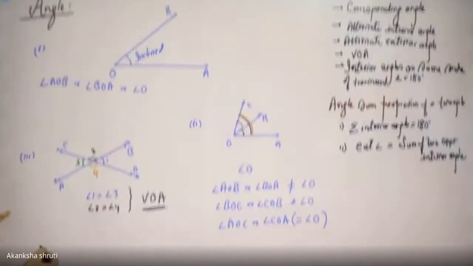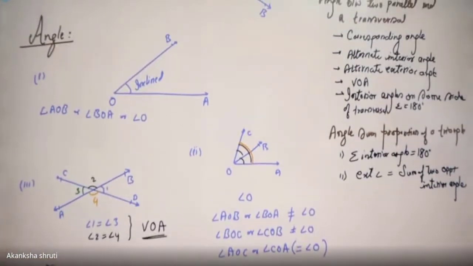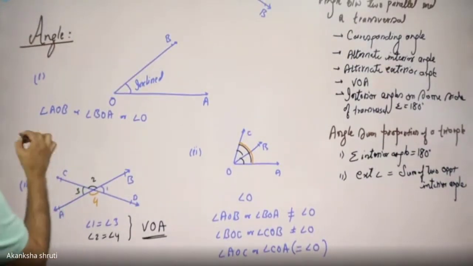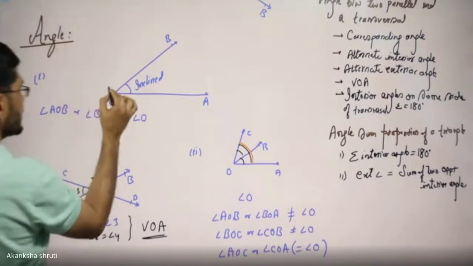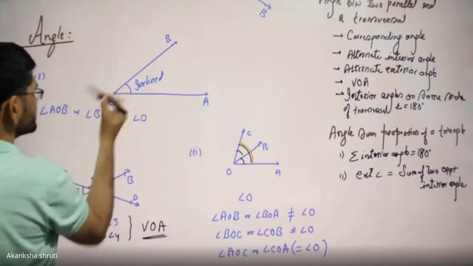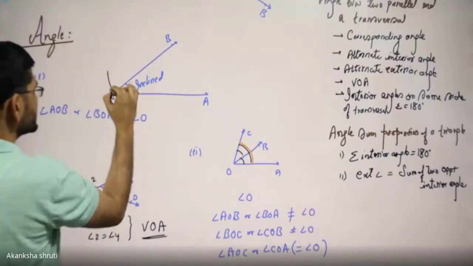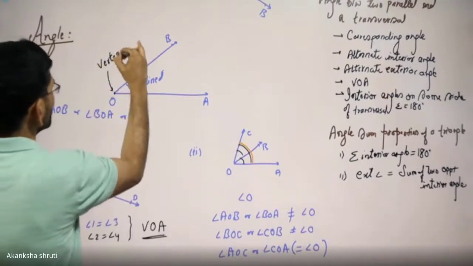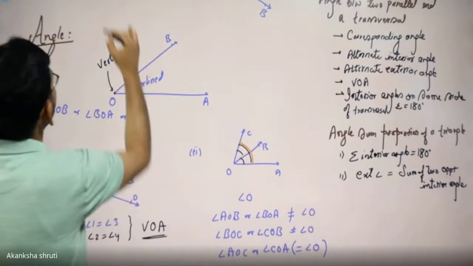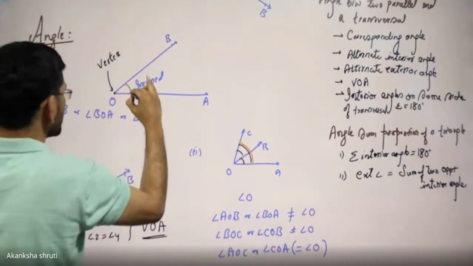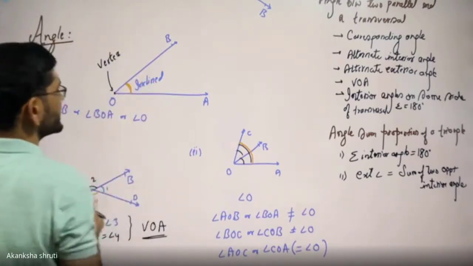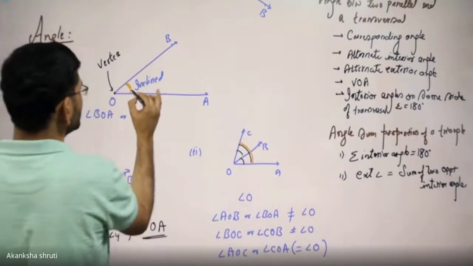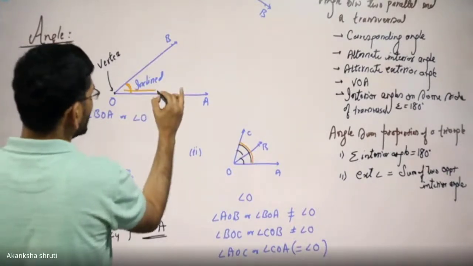So students, keep in mind, while we are forming the angle, the common point that is formed is called the vertex. And whatever this inclination which is formed here is called your angle.